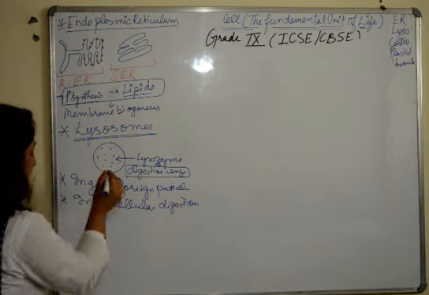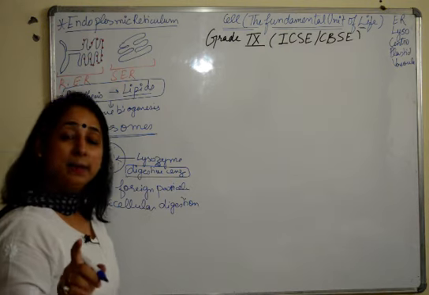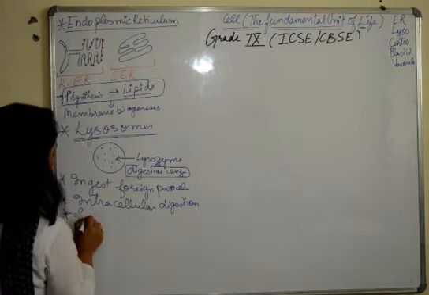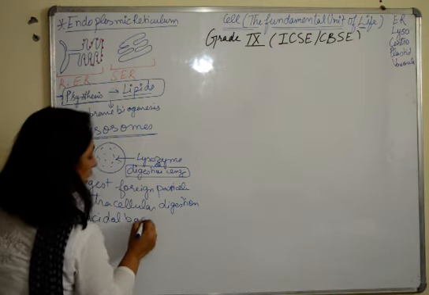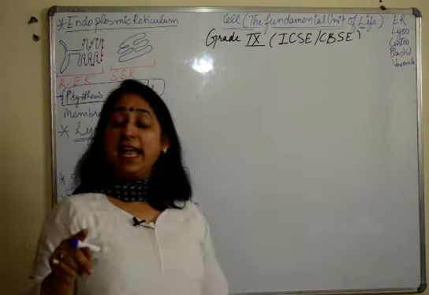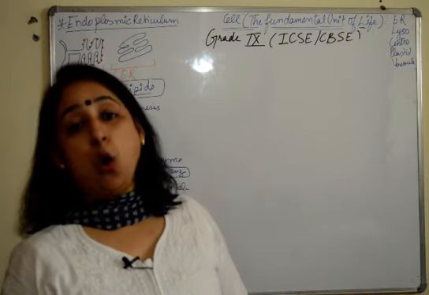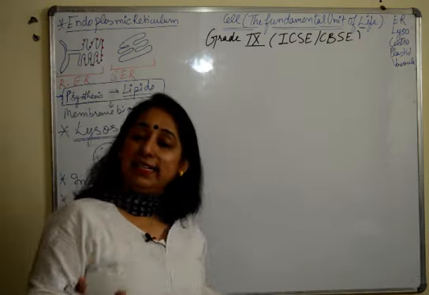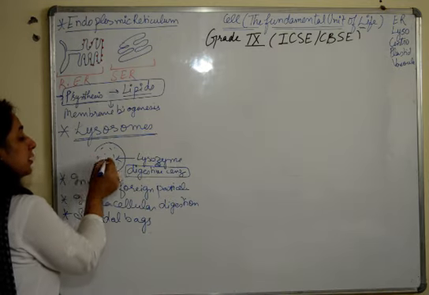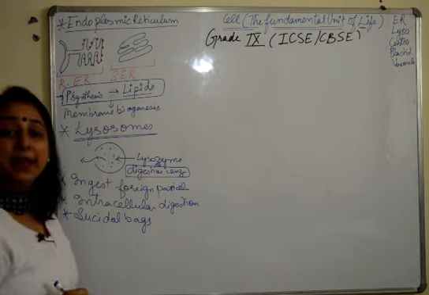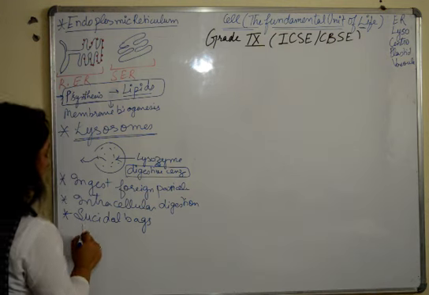After that, why are they known as suicidal bags? They are called suicidal bags because sometimes if the cell is damaged, or by an accident, this lysosome ruptures, it will release this lysozyme enzyme into the cell, which kills the cell.